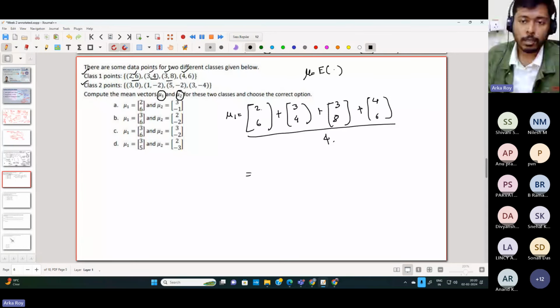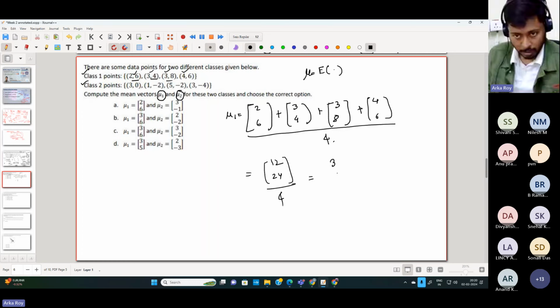So what is the value in the first case? 3, 3, 6, then 10, then 12, and over here it is 10, and this is 24, and you divide it by 4, so you will get 3 and 6. Okay.